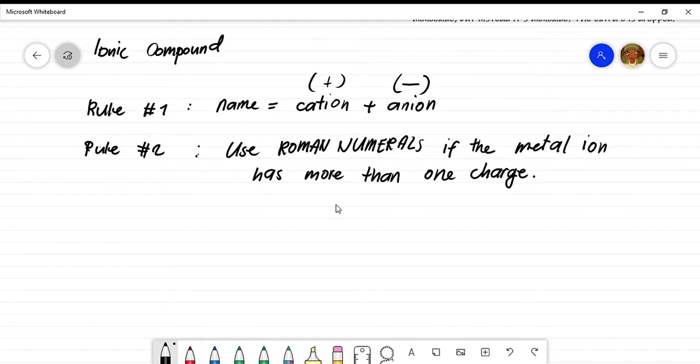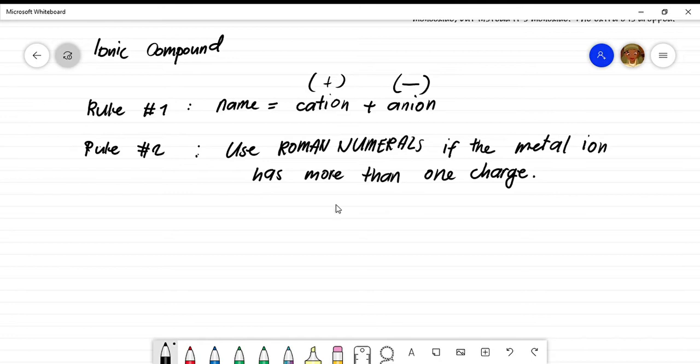So this is for ionic compounds. Rule number 2, for some cases, use Roman numerals if the metal ion has more than one charge.